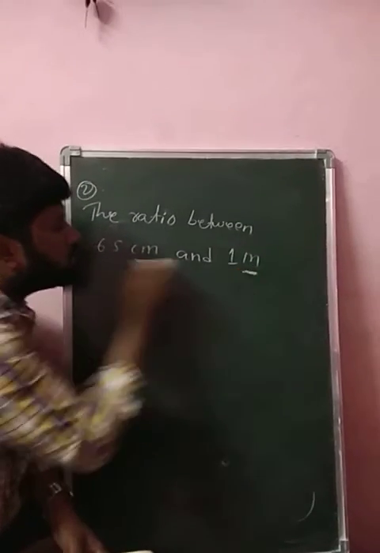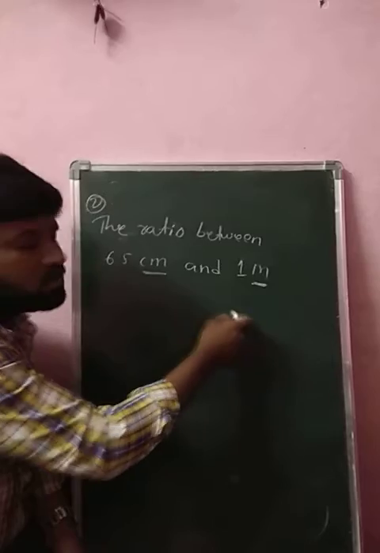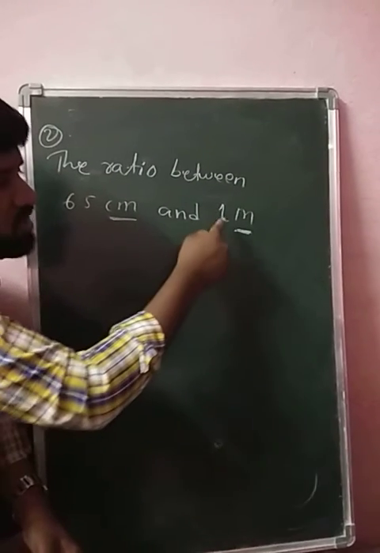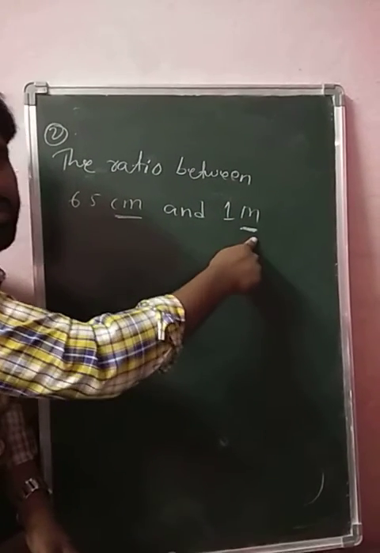What are the given units for the two quantities? For the first one, units are centimeters. For the second quantity, the units are meters.